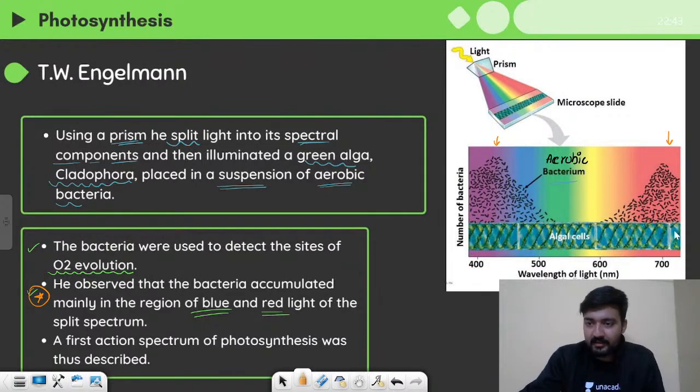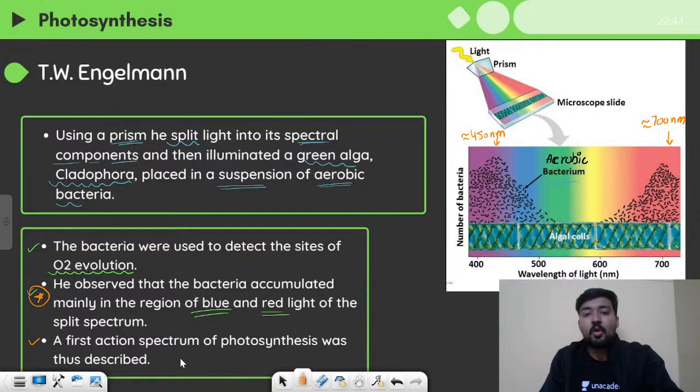As you can see, this is the wavelength close to 700 nanometer, and these are the wavelengths close to 450 nanometer, right? And 700 nanometer is the wavelength of red color, and 450 nanometer is the wavelength of blue color, right? And this is the action spectrum which was given by T.W. Engelman.